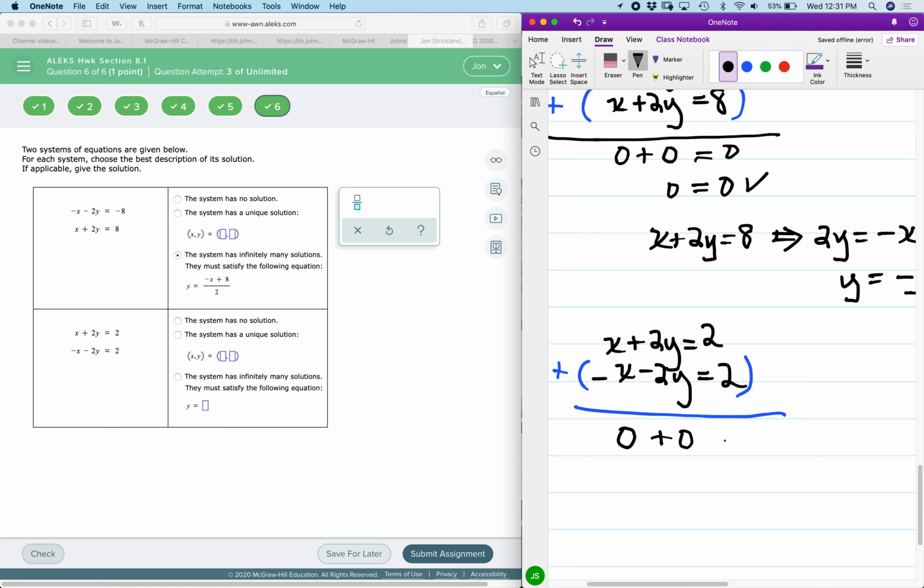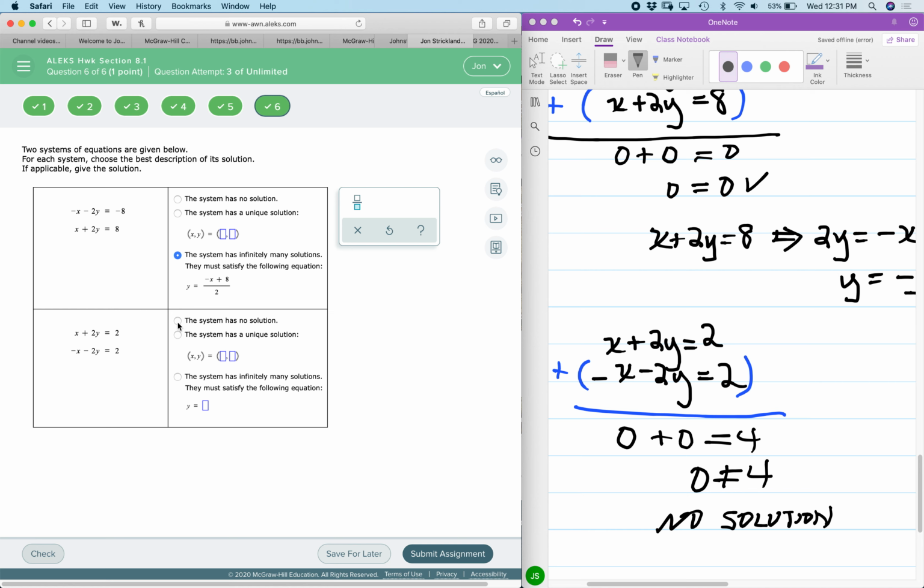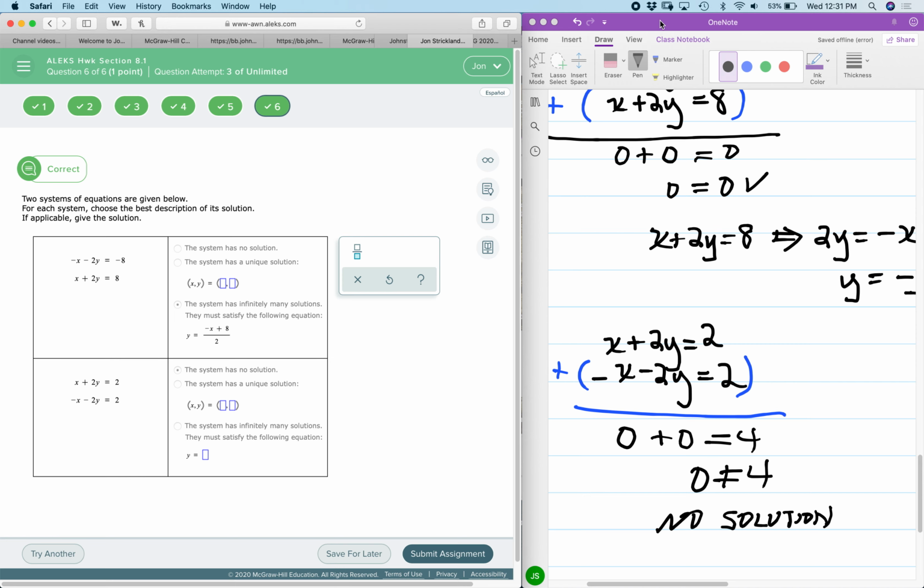However, 2 plus 2 is equal to 4. And 0 plus 0 is 0, and that is not equal to 4. So in this case, there is no solution for x or y, and the system has no solution. Testing out both of these items, the result is correct.